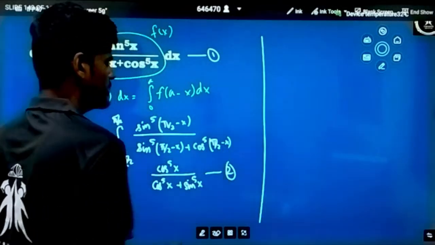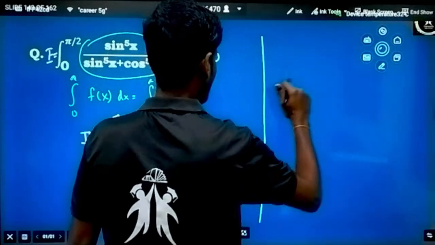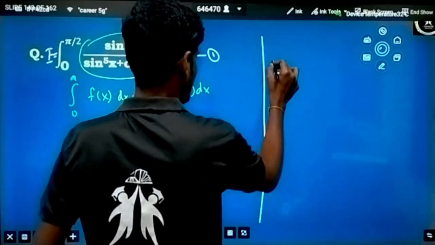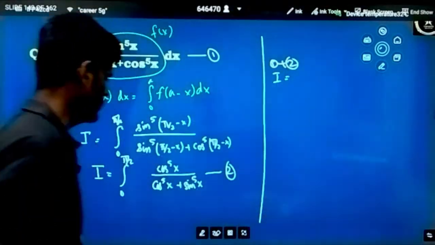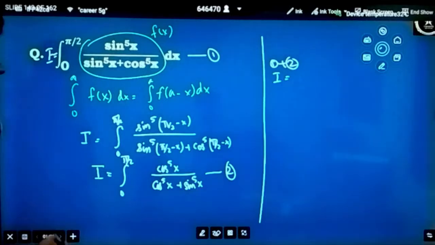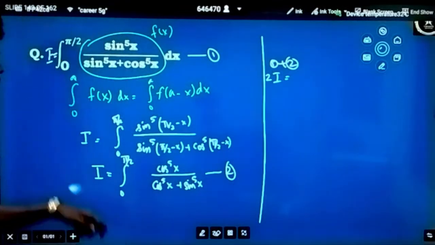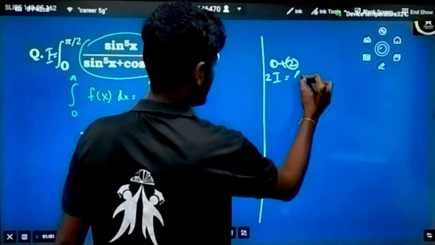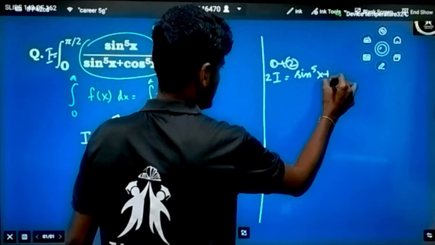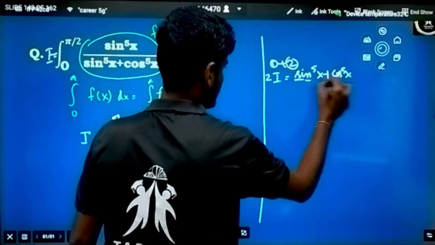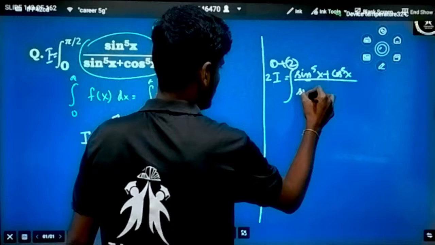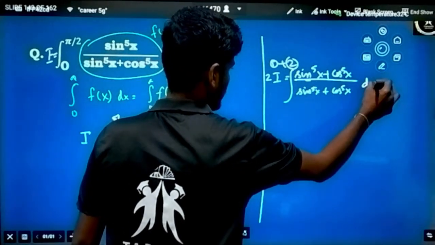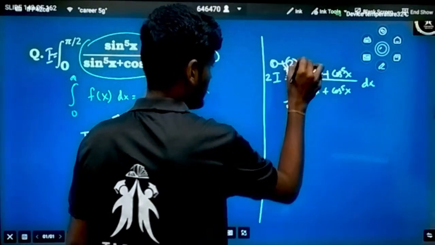After adding 1 plus 2, the integral will become I plus I, that is 2I, which is equal to, as the denominator is the same in both, we can add the numerators: sin power 5x plus cos power 5x, divided by sin power 5x plus cos power 5x, dx. The limit is between 0 to pi by 2.